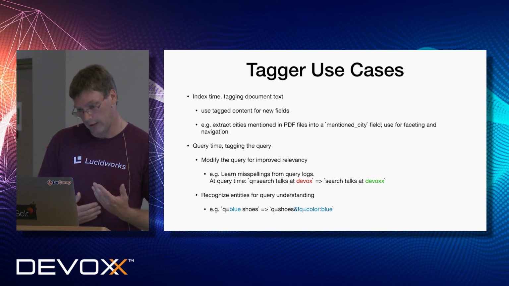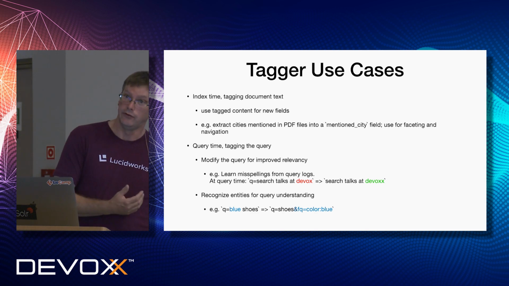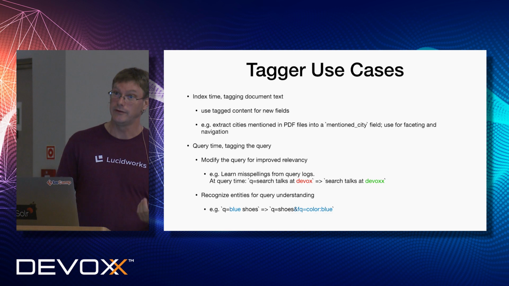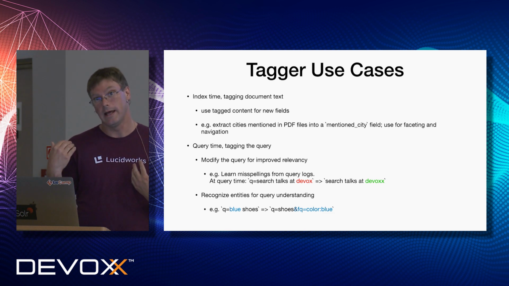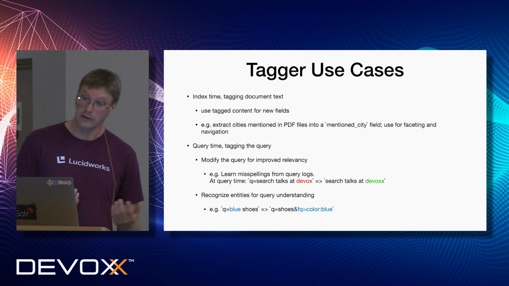And this actually is alluding to the machine learning aspects that you can use behind the scenes there to populate the tagger collection. For example, we have a facility to machine learn misspellings in our query logs.